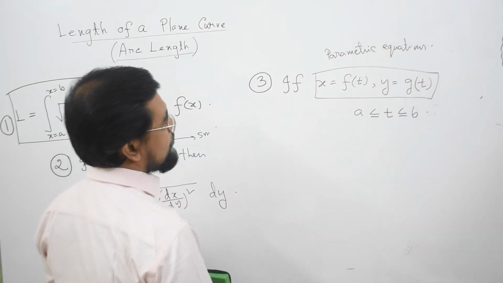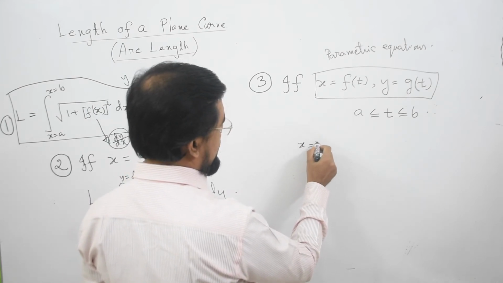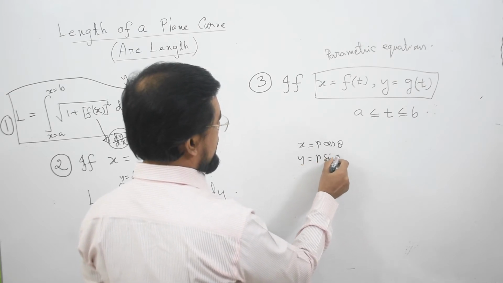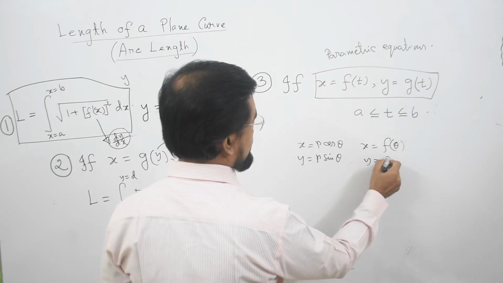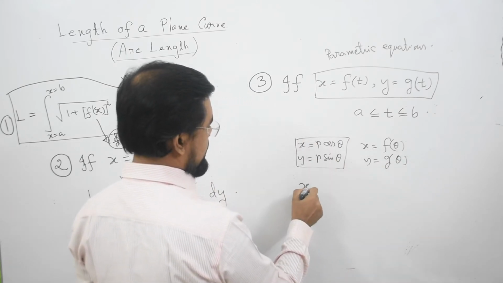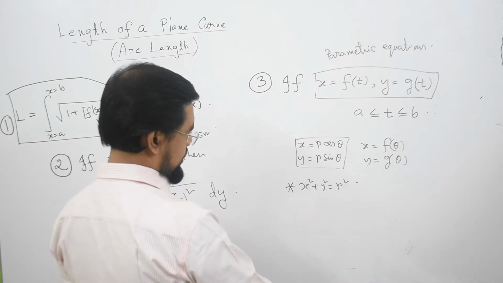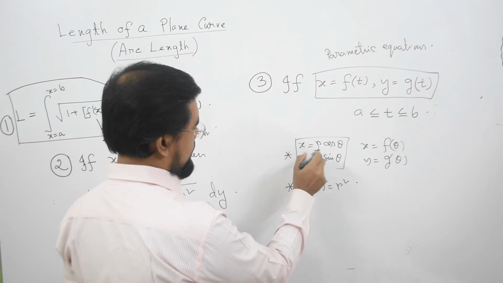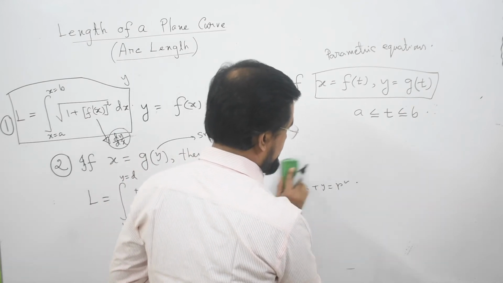For example, the parametric equations of a circle are x equal to r cos theta and y equal to r sin theta. Here x is a function of theta and y is a function of theta, and from here we can write x square plus y square equal to r square. So we know it's a circle in the rectangular coordinate system, and these equations are called parametric equations.